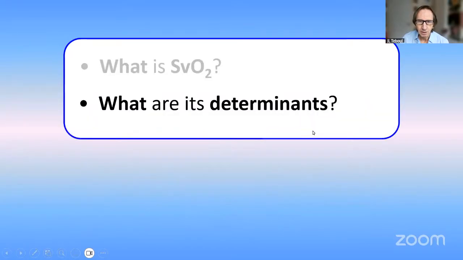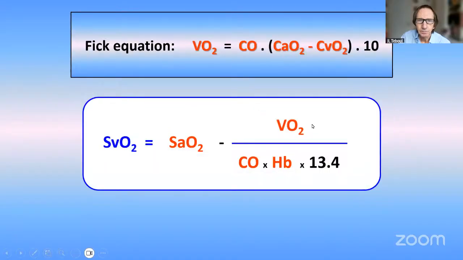So now what are its determinants? To understand the determinants well, we have to go back to basic physiology for a few very simple slides. You know the Fick equation.